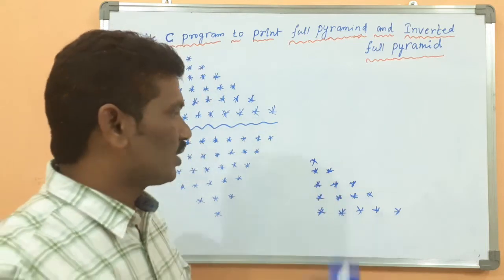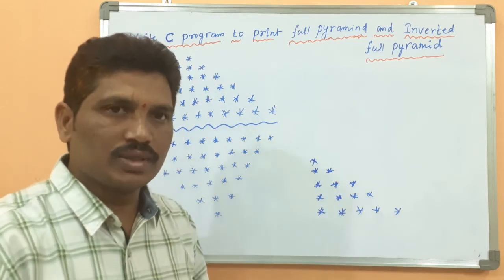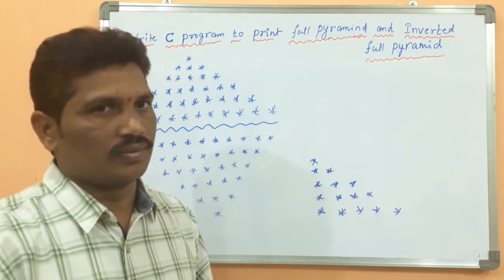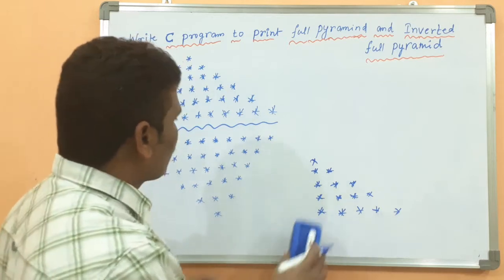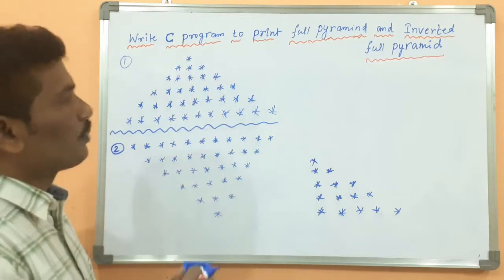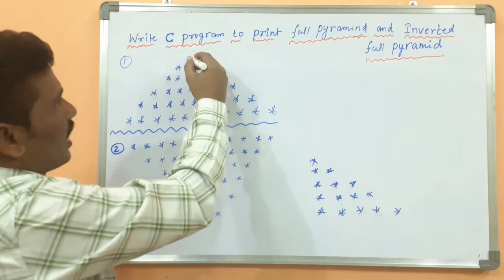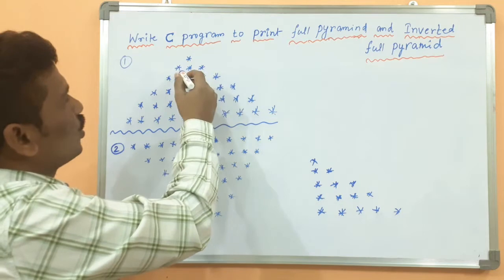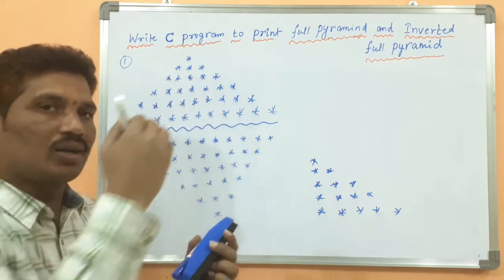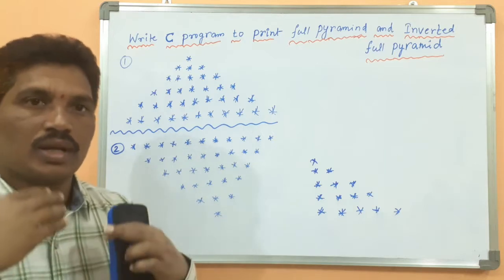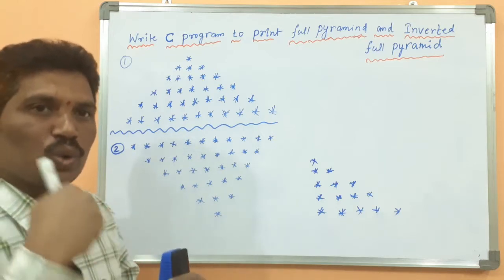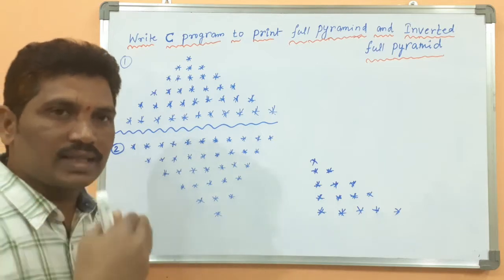If you want to solve this kind of problem, you can use nested for loops, isn't it? In this problem, for the pyramid shape, if the first row is 1, then the next row has 2 more added.